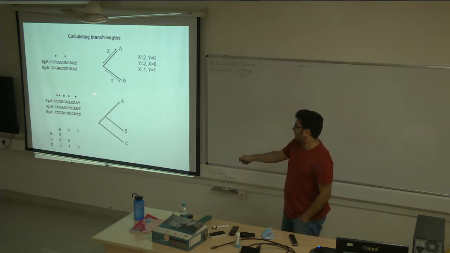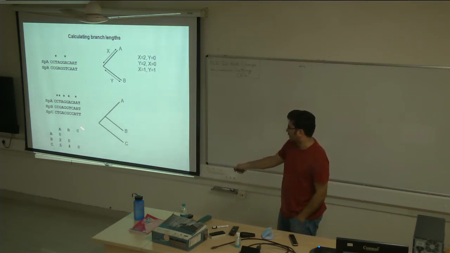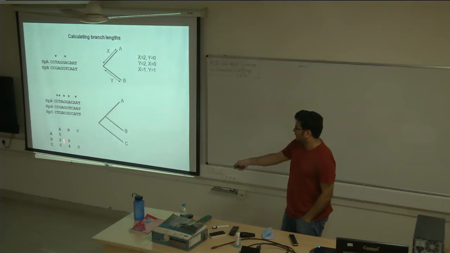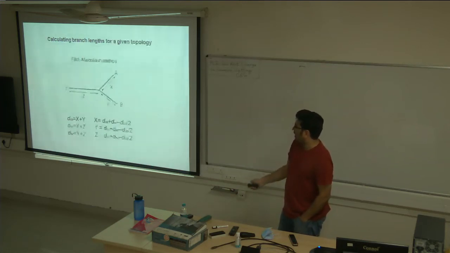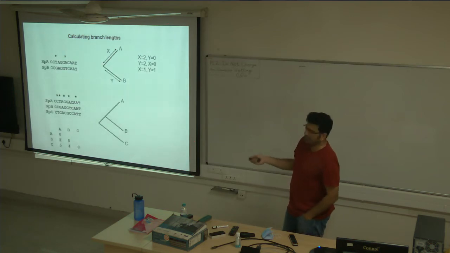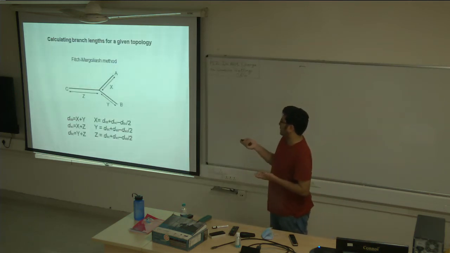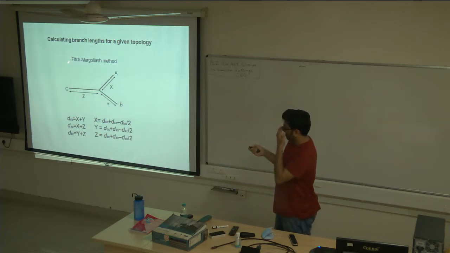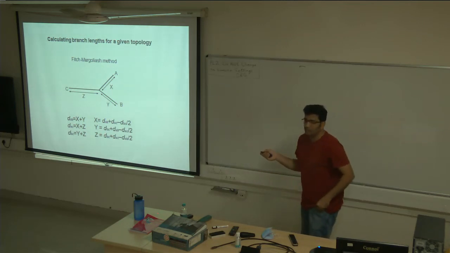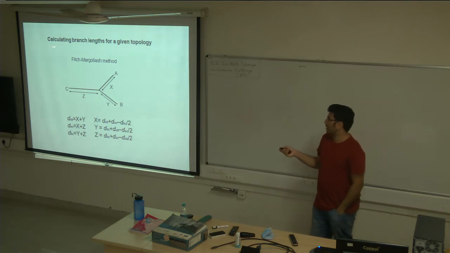In the 3 taxa situation, again you calculate the distance or difference between all these 3 taxa pairs. You get this distance matrix. You have these topologies, and then you calculate the branch lengths. One method is the Fitch-Margoliash method to calculate the branch lengths.